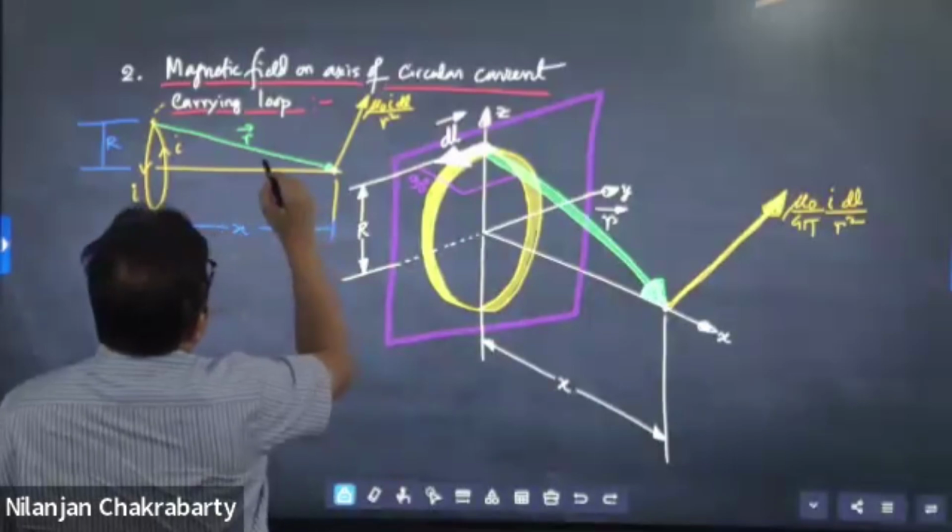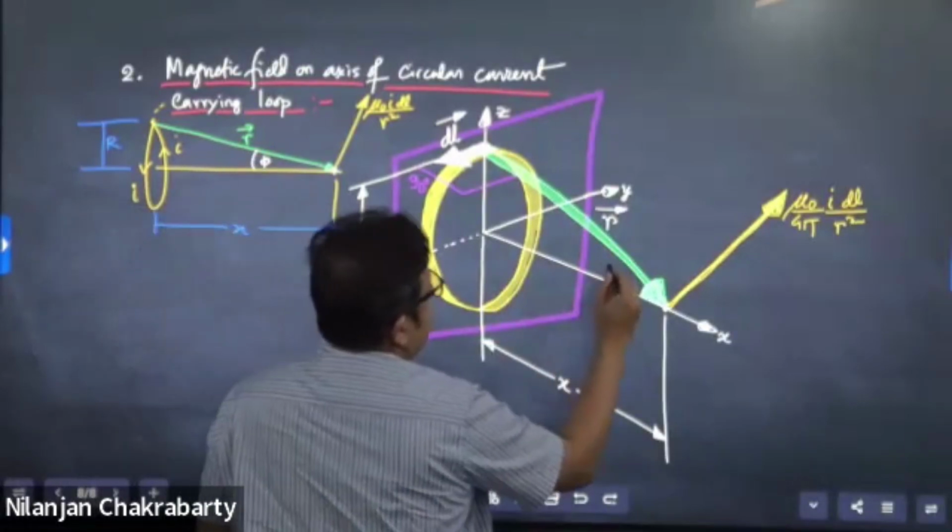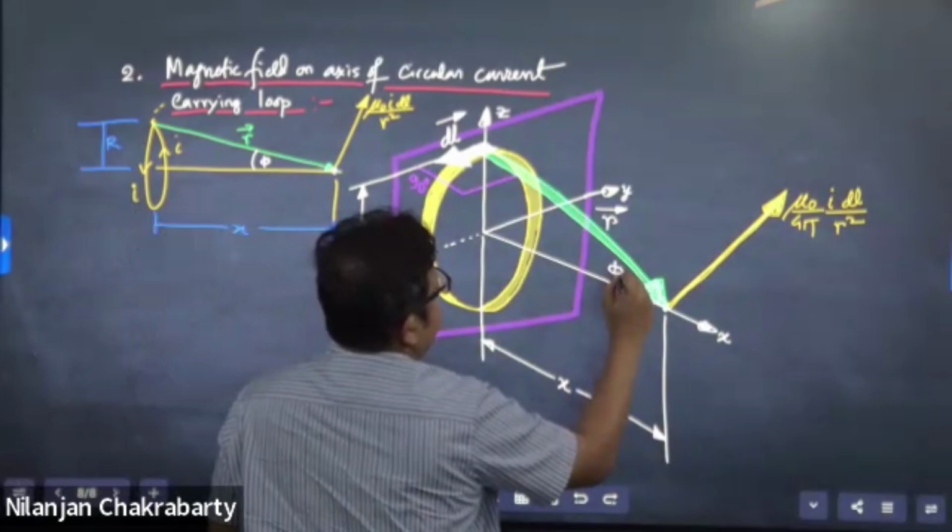Now say this angle is phi. Here in this diagram, this angle is phi.